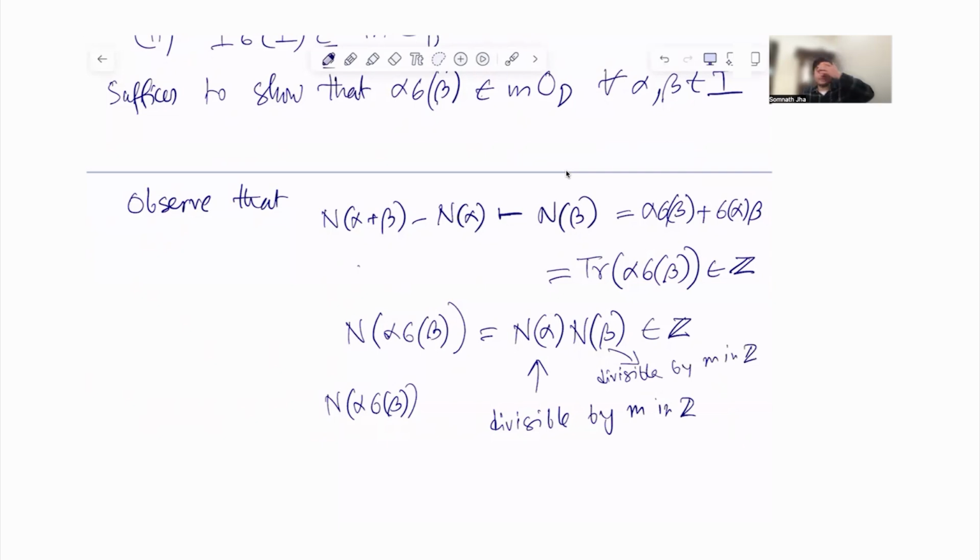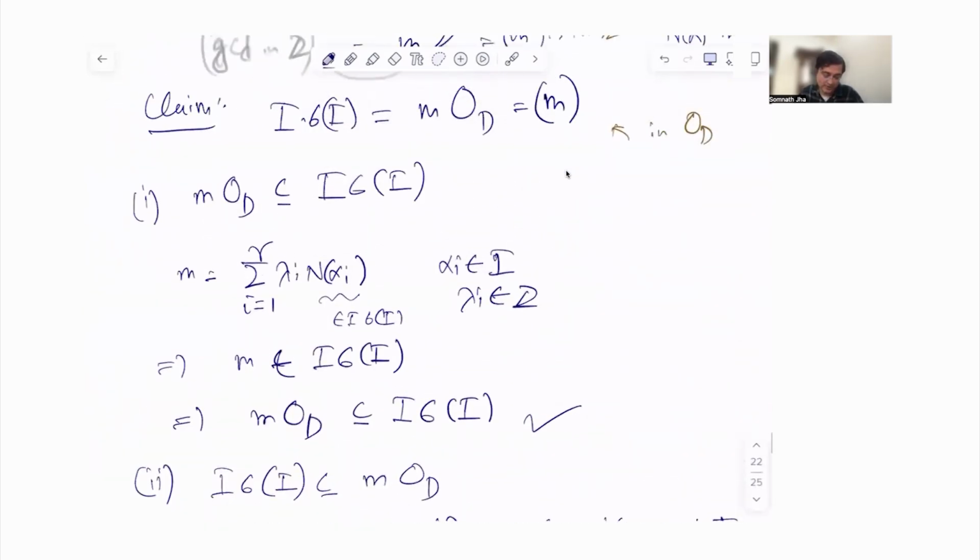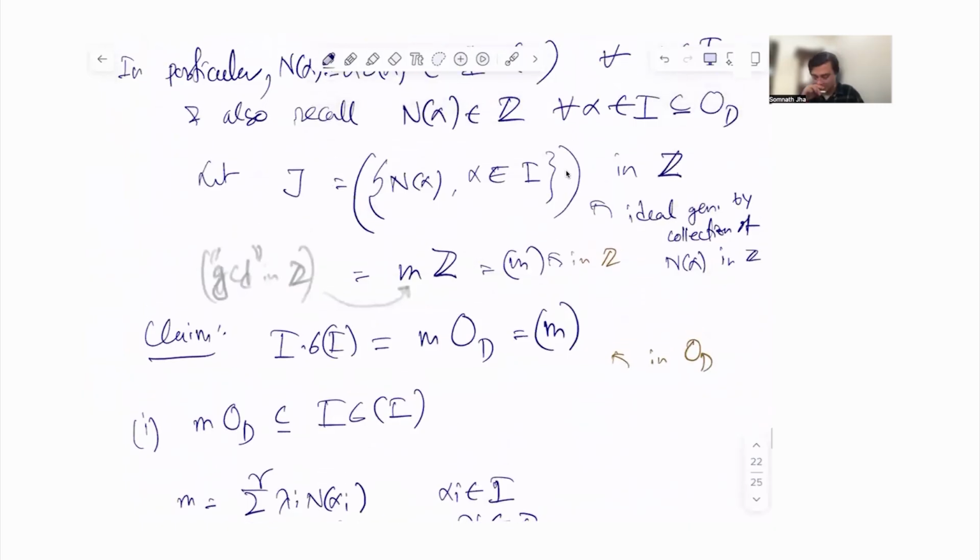Because, so what was this? You look at the definition. This was the ideal generated by this, right? So all these elements belong to this ideal. This is the ideal generated by M, so every element here looks like a multiple of M. So M divides all of these elements in alpha, right? This is the ideal generated by all these norms of alpha, and this ideal is M. So every norm of alpha is a multiple of M.